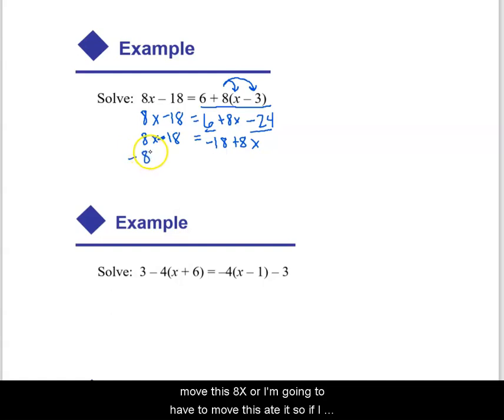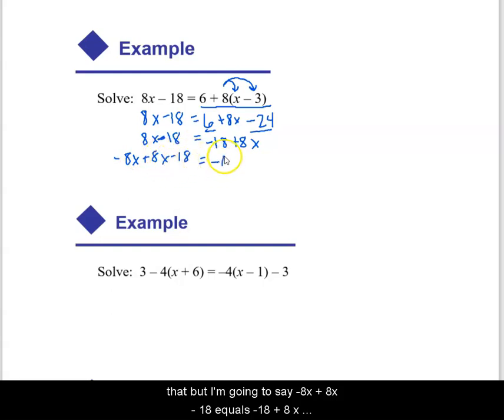So if I subtract 8x, because it's a positive 8x, I would have to do the same thing, and let me be consistent because we've been going across. If you want to go down, which I have a tendency to do, I'm going to say negative 8x plus 8x minus 18 equals negative 18 plus 8x, and since I subtracted 8x over here, I've got to subtract 8x over here.